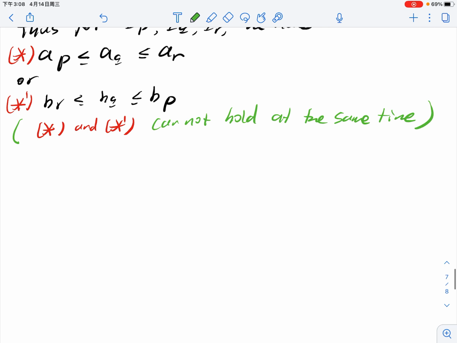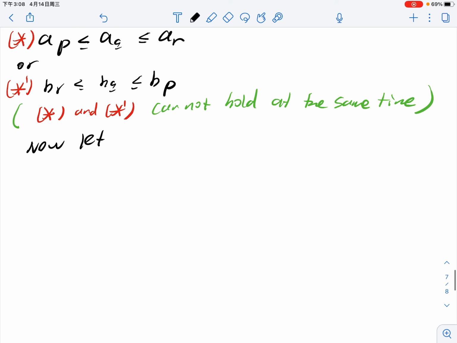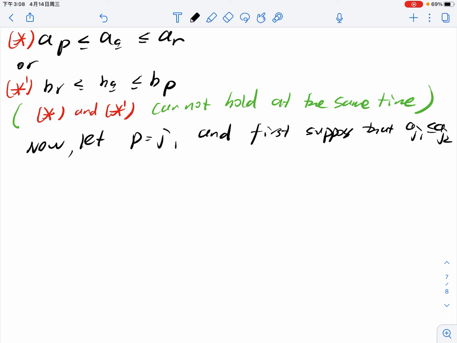Okay. Now, let P equal J1, and first suppose that AJ1 is less than or equal to AJ2.